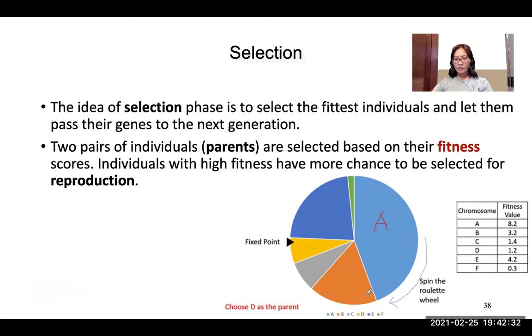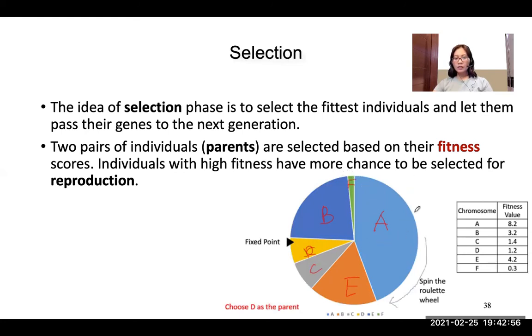For example, this will be B, this one will be E, this one A, and this one C and D. This is D, this is C, and then this one will be F, the smallest.